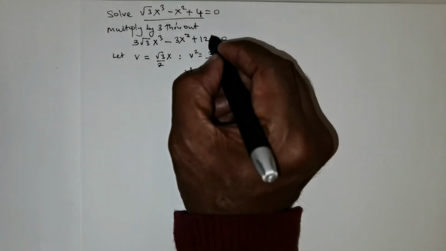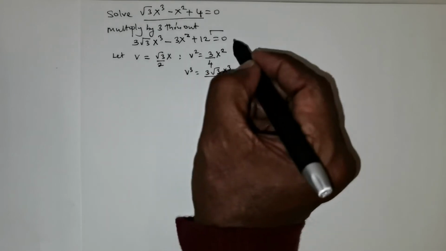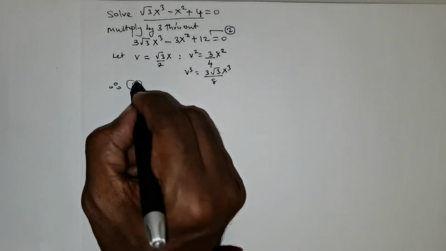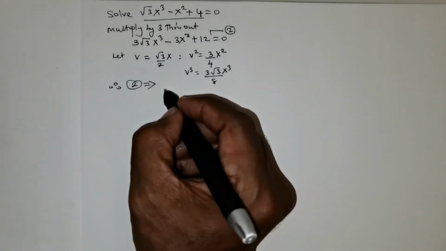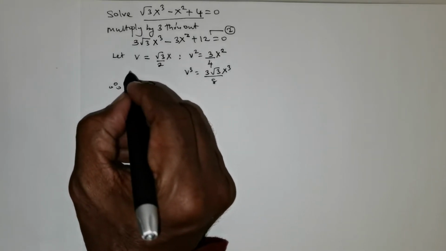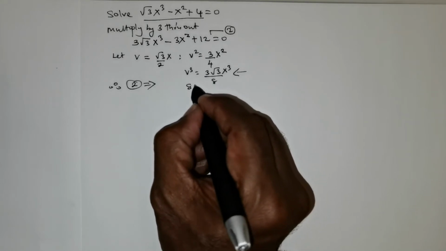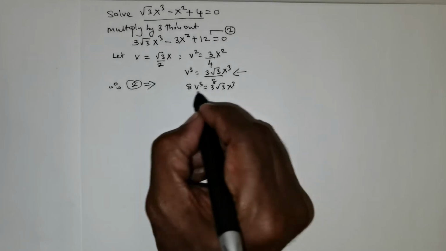So the original equation, which has now been in this form, I'm naming it as 2. So equation 2 can now be rewritten as, in the place of 3 times root 3 x cubed, I'm going to be substituting 8 times v cubed, which is equal to 3 times root 3 x cubed.